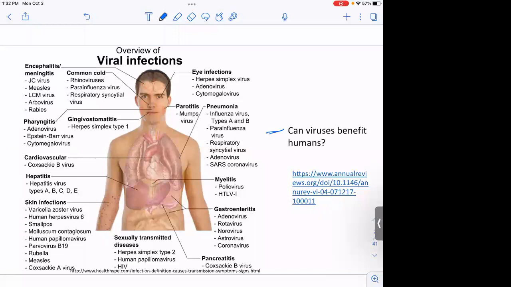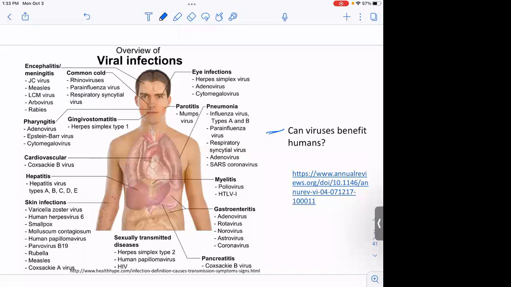But for other examples, we think there are some symbiotic relationships, perhaps, between viruses and other organisms that could possibly be helpful. There's certainly the potential to develop useful biologics using viruses. For instance, viruses have been used to treat cancer.